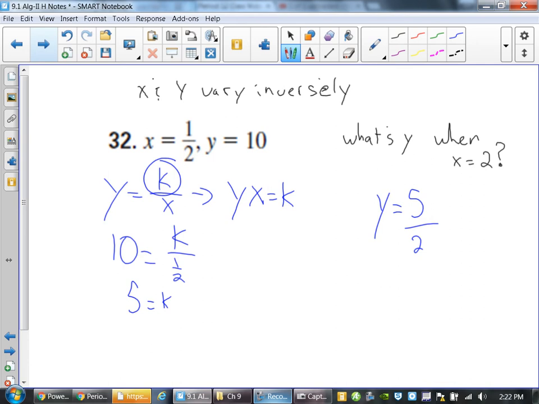Wait, so y is 5x? Yes. So when you do the first half of it and you have y equals k over x, you have to make it like that first, the other form next to it. You don't have to do it that way.